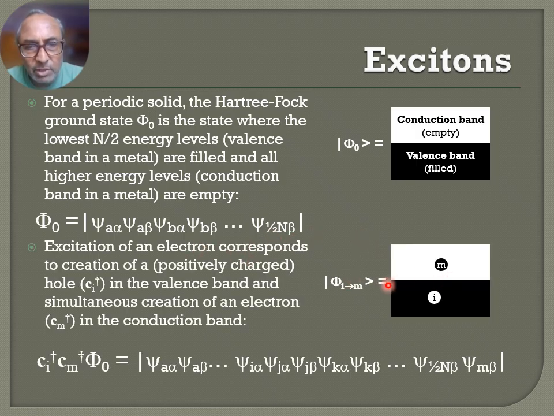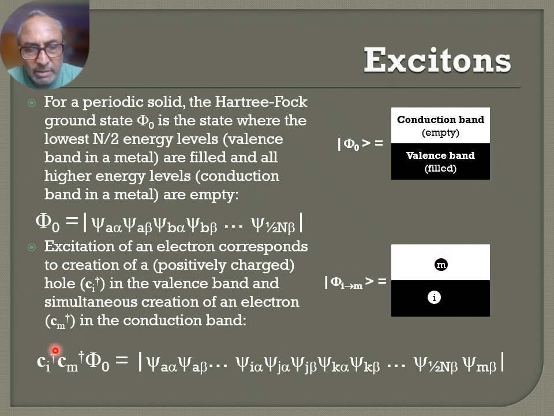Excitation of an electron from the valence band to the conduction band corresponds to the creation of a positively charged hole in the valence band and simultaneous creation of an electron in the conduction band.